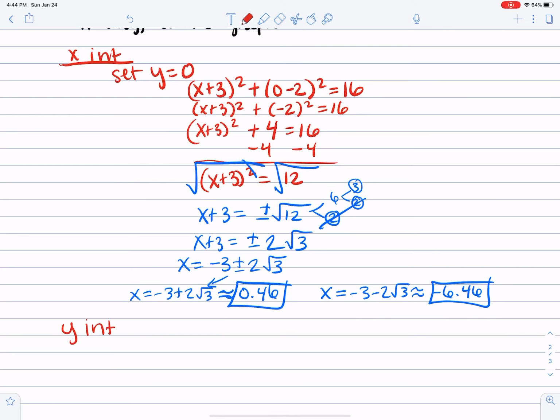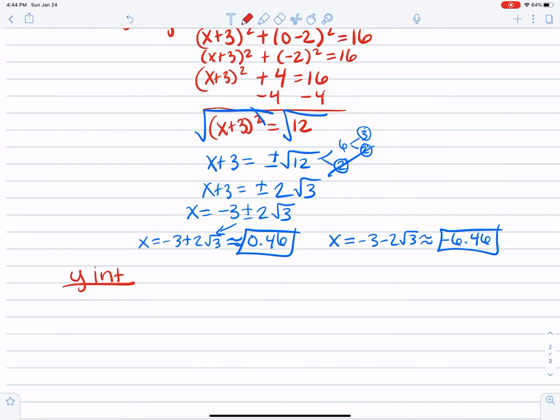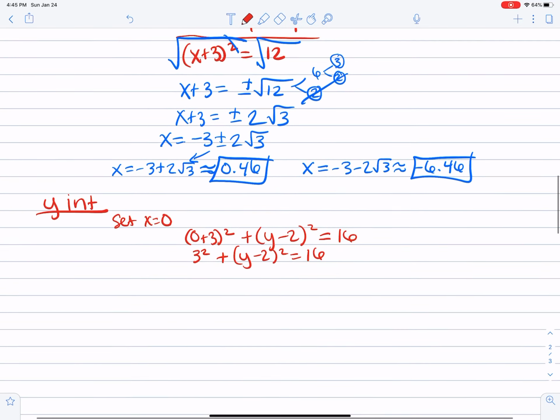So those are 2 spots where it crossed the x. Now we need to find 2 spots, if there's 2, where it crosses the y-axis. So in that case, we need to set x equal to 0. So we're going to do (0 plus 3) squared plus (y minus 2) squared equals 16. Leave your parentheses there.